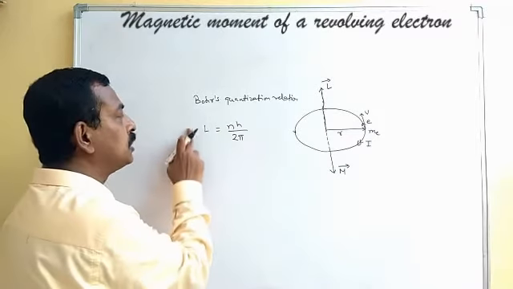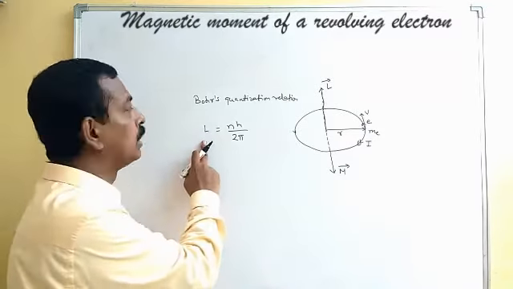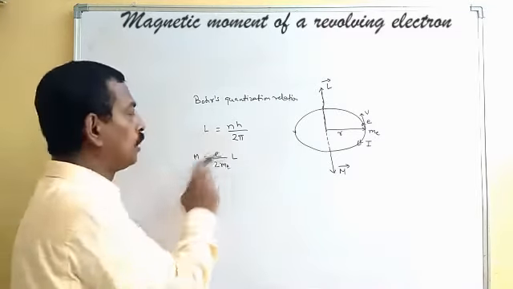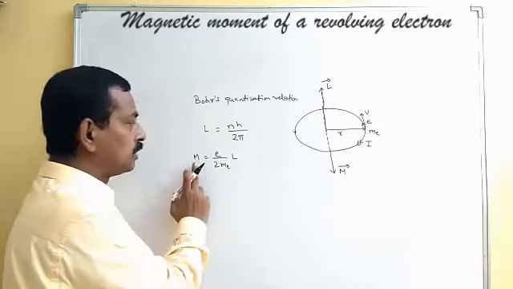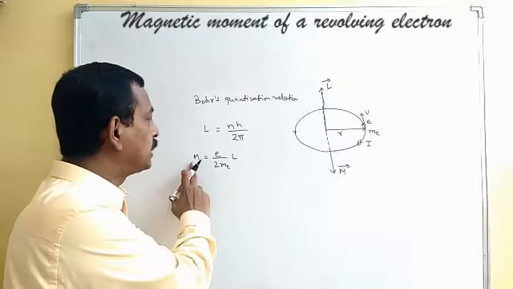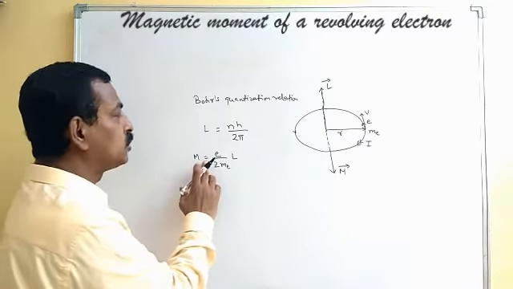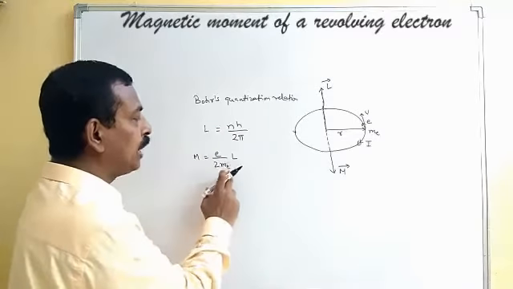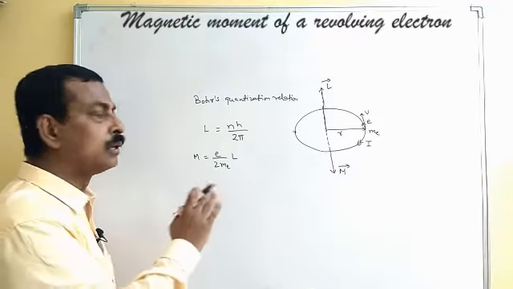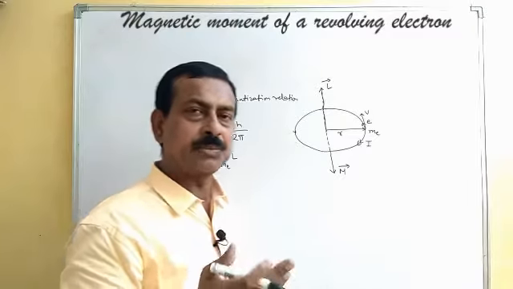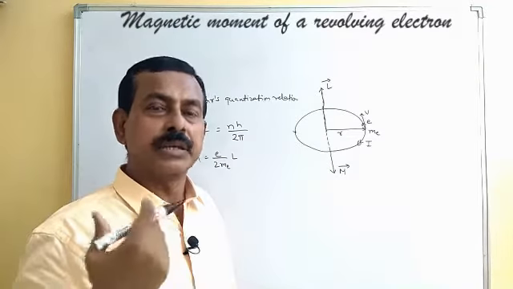Now this term L we have obtained, and also the relation between magnetic dipole moment and angular momentum we have just seen: M is equal to e by 2me times L. We are not taking its negative sign, as that is related to the direction only.